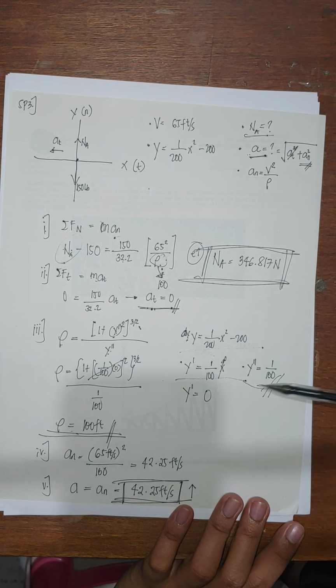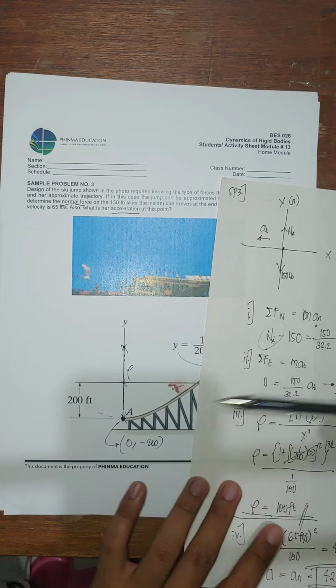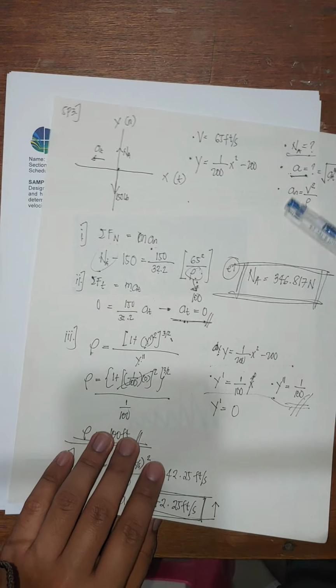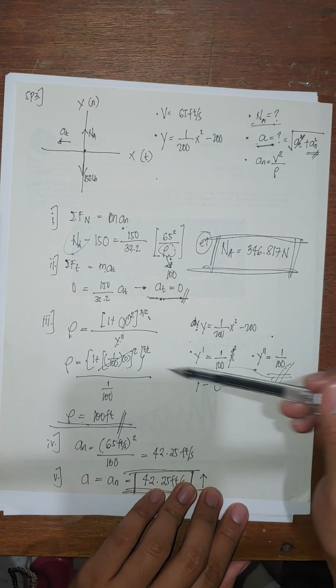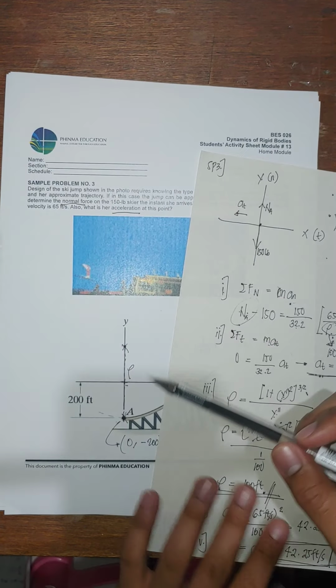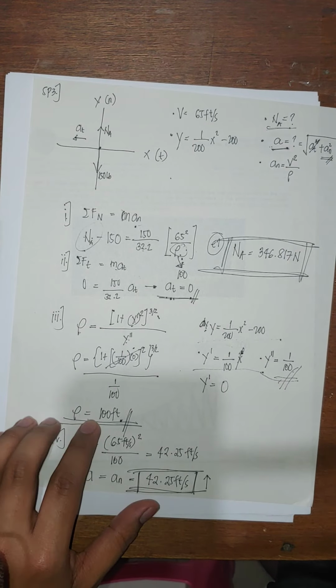And then, substituting the values, x is 0 because at this point, ang x is nasa origin. And then, ang y is ninaog, that is negative 200. Then we got that the radius of curvature at this point, for this gear, is around 100 foot.